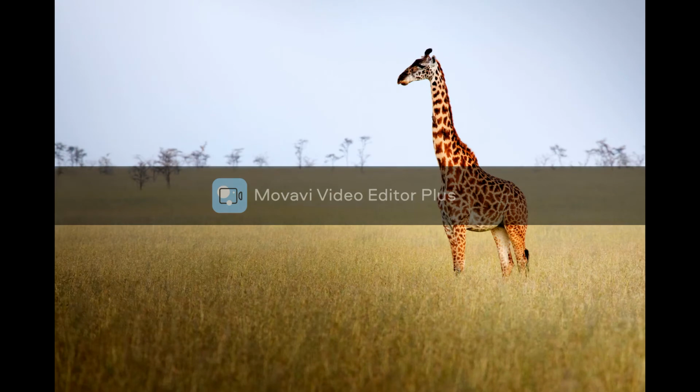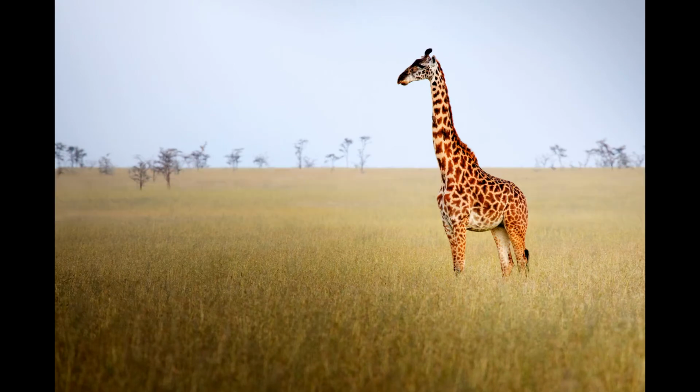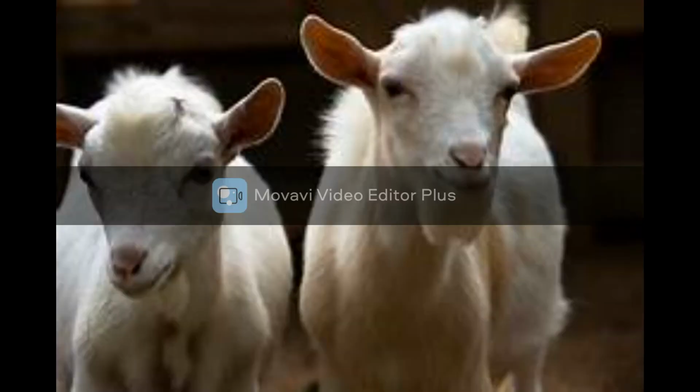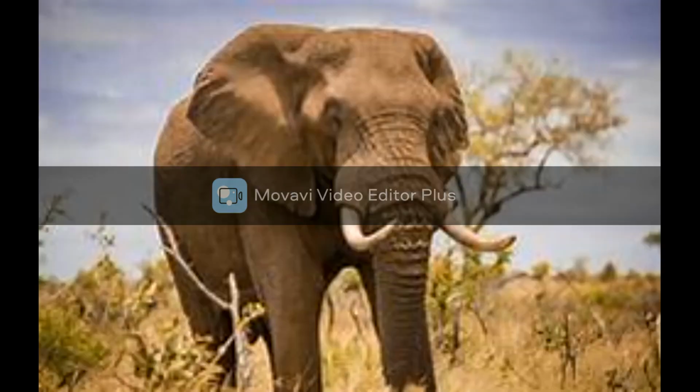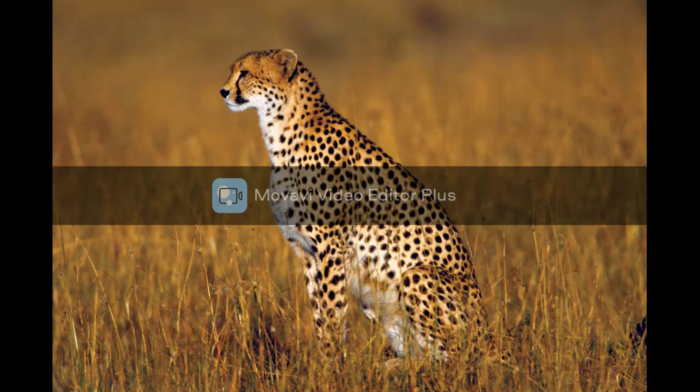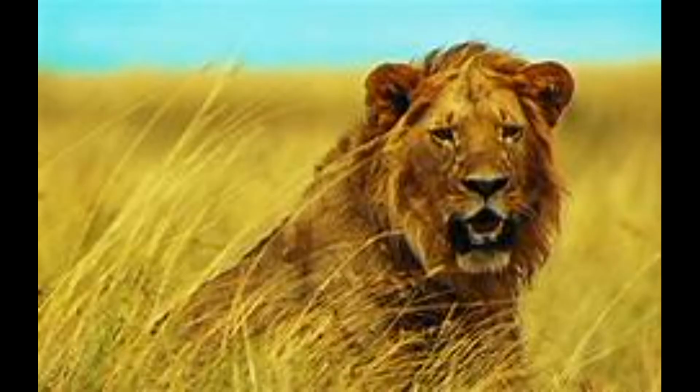In grassland, the rainfall is not enough to grow big trees, so vast growth of grass is there. Longer summer and limited rain is there. There we find goat, sheep, giraffe, zebra, elephant, deer, cheetah, tiger, lion, etc.